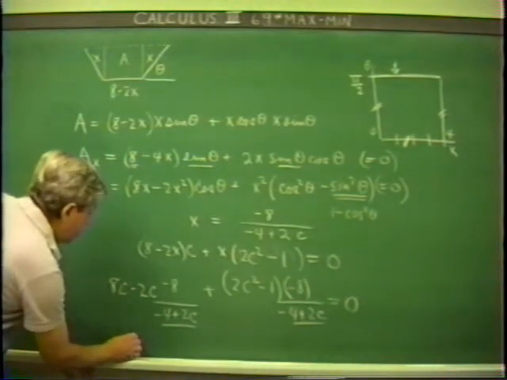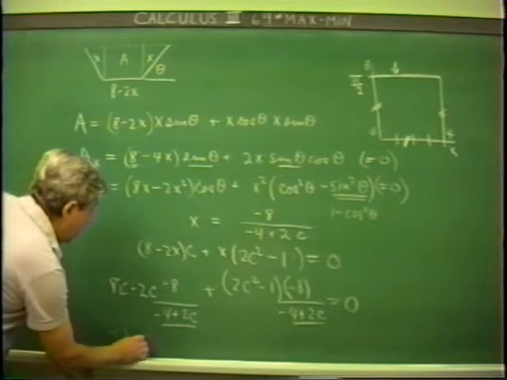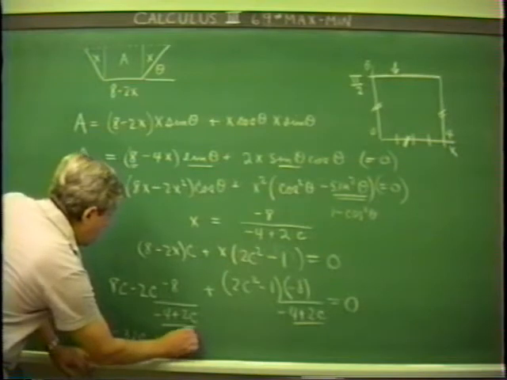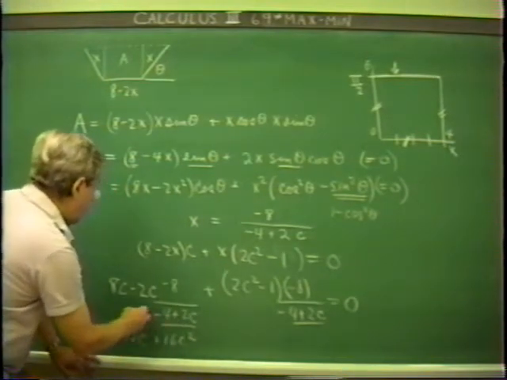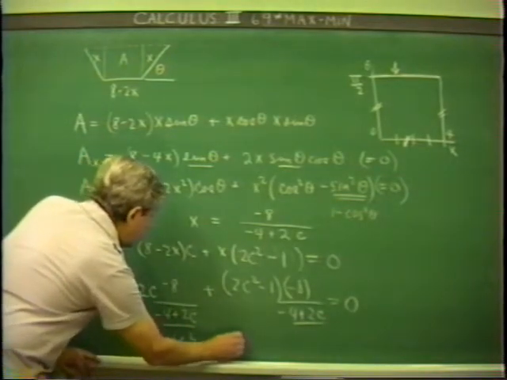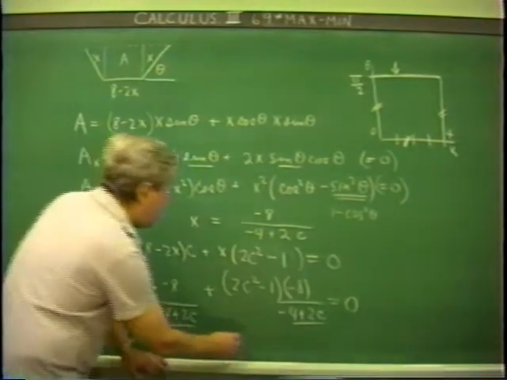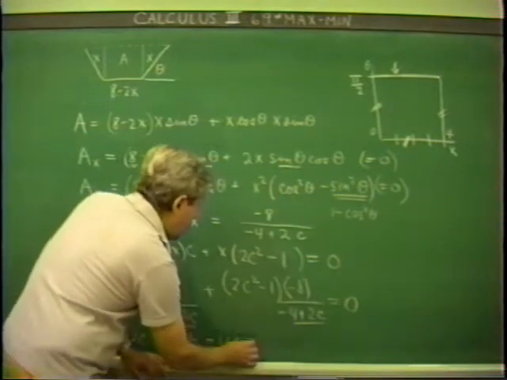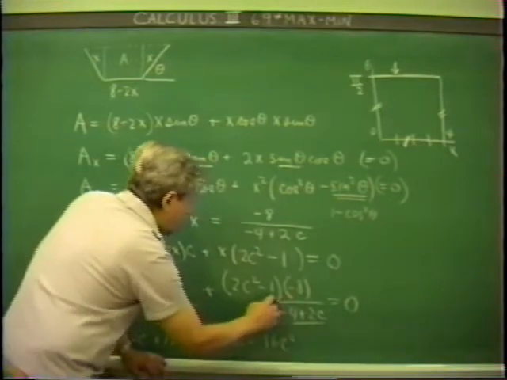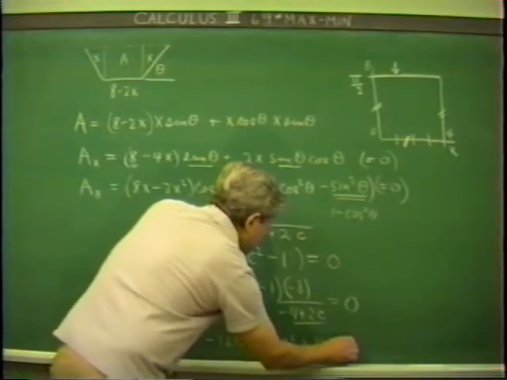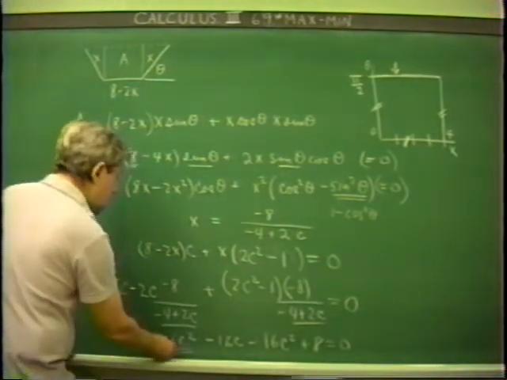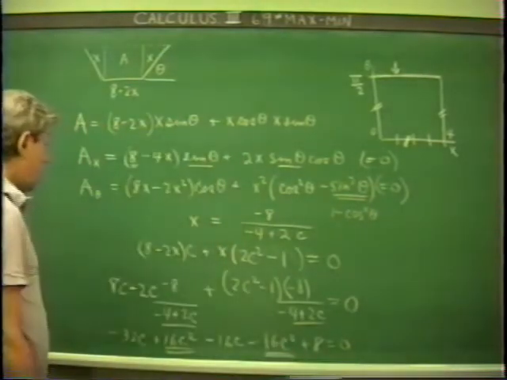Multiplying throughout here by the minus 4 plus 2c, we get minus 32c plus 16c squared. Here, when we multiply, we're going to get minus 16c, plus, well, we have minus 8 times 2, 16c squared, plus 8 is equal to 0.